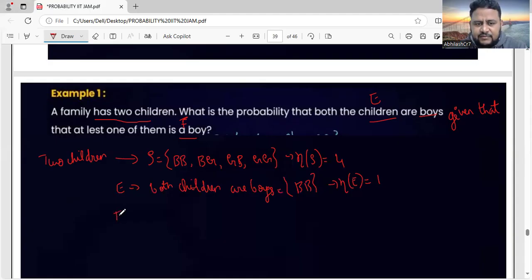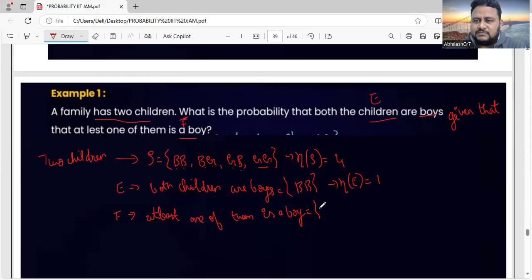Now event F. Event F is that at least one of them is a boy. Given that at least one of them is a boy means you have to take everything except G and G. At least one of them is a boy means it can be one boy or two boys. At least means one or more.